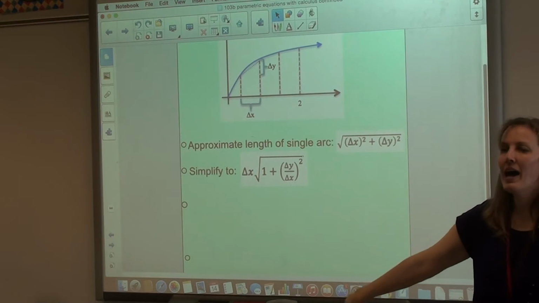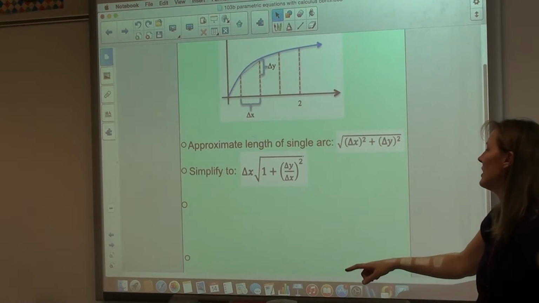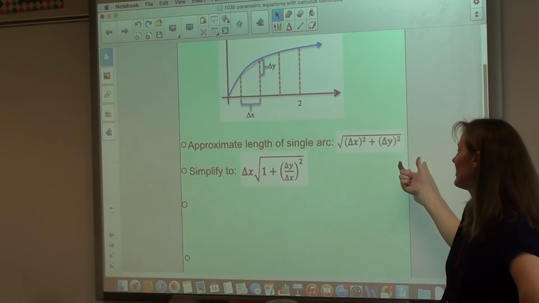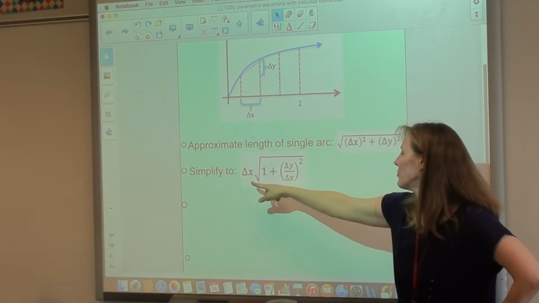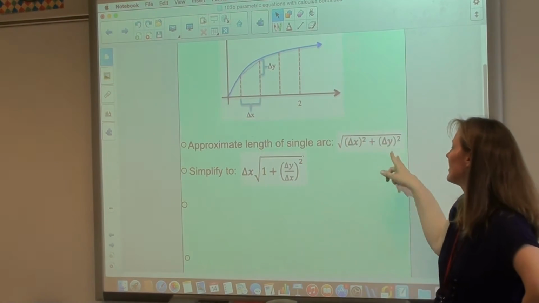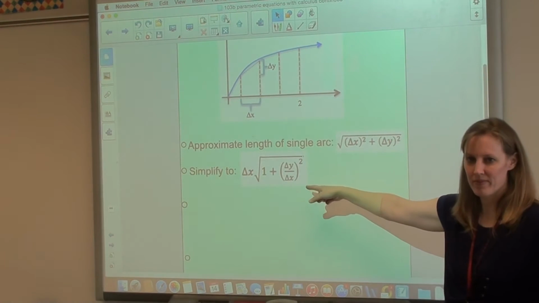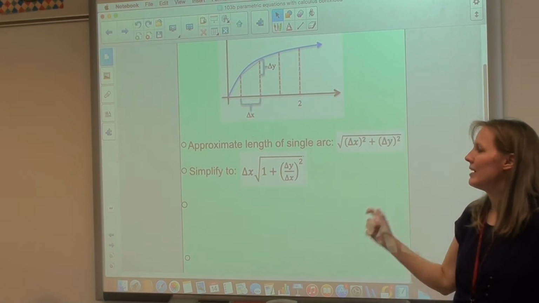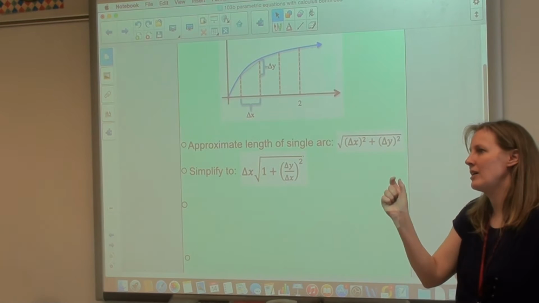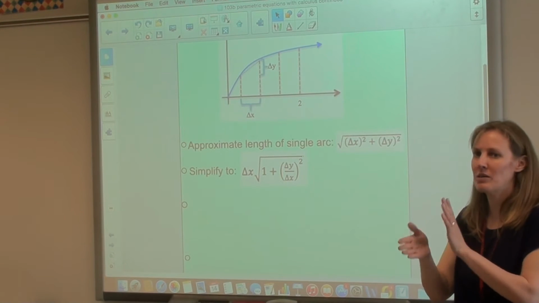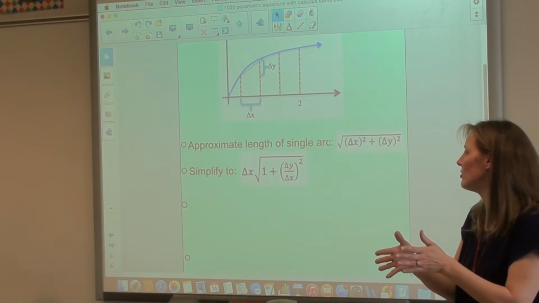Now, in the past, when we were doing this with regular functions, we would factor the square root of delta x squared out and put that up front, and then divide everything inside by the square root of delta x squared, and you end up with this. Now, delta x is just the width between two random x values.